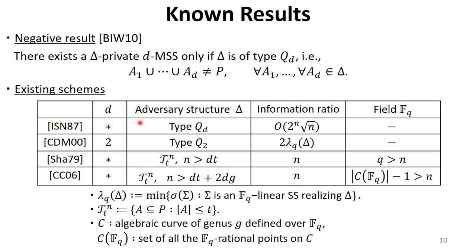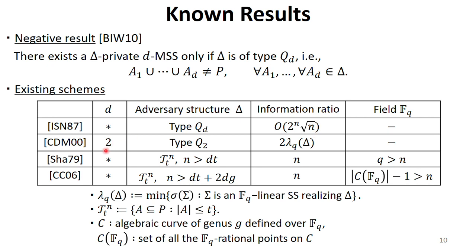On the other hand, for any adversary structure of type QD, there are d-multiplicative schemes, but the information ratio is exponential in n. Yeah, so this is very, very inefficient.